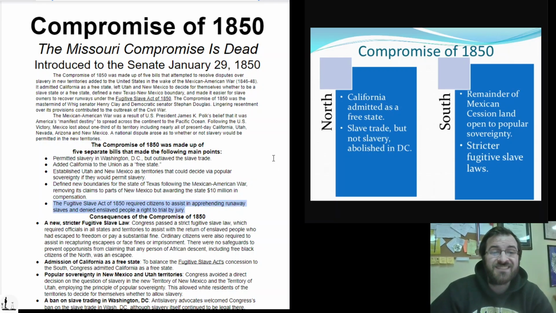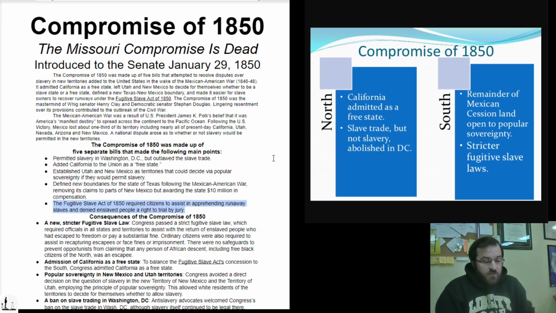The Fugitive Slave Act of 1850 required citizens to assist in apprehending runaway slaves and denied enslaved people a right to trial by jury. So first off, if you're a slave, you break the law and you run away, you don't get a trial by jury because you're not considered a person.